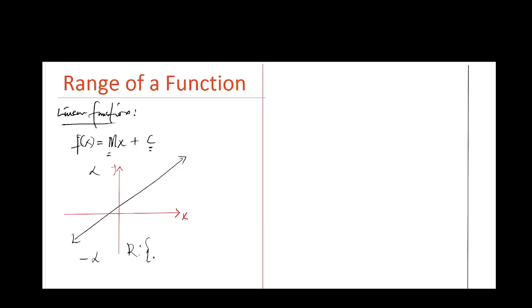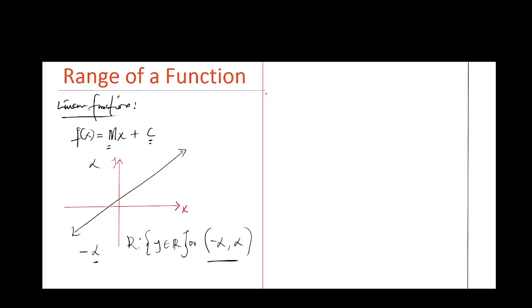We'll say that the range, using set notation, is that y is a set of all real numbers. Or we can write it in interval notation, that y is from negative infinity to positive infinity. You must start with the lowest, then to the highest. That is the way if you are writing in interval notation.